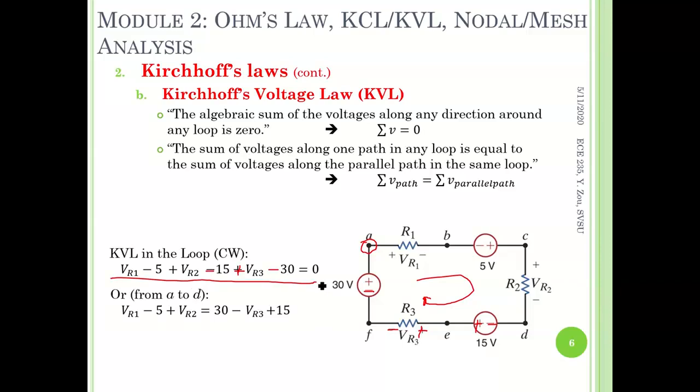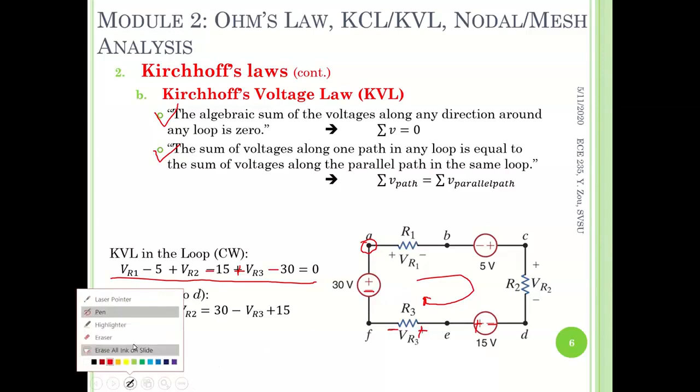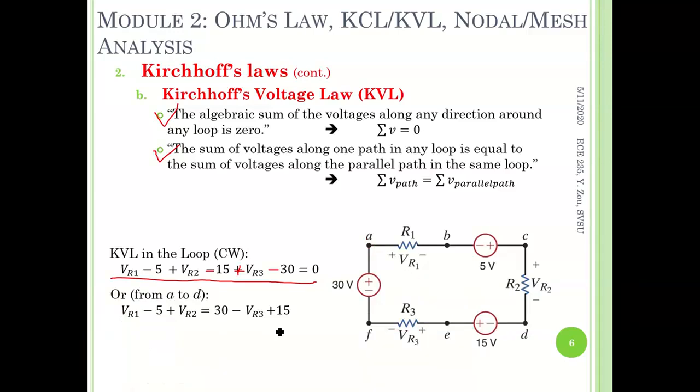This follows, again, the first statement. Let's try the second statement to achieve, not surprisingly, the same equation. We are talking about paths in the same loop, so we need to choose two parallel paths. It could be any paths, however let's choose from A to D. A is here, D is here.